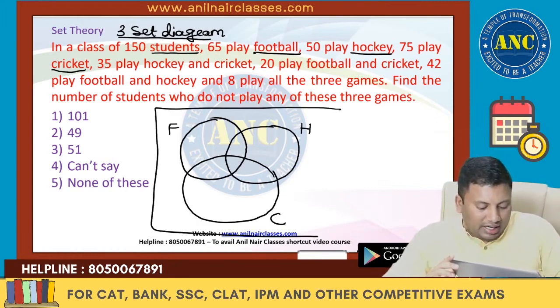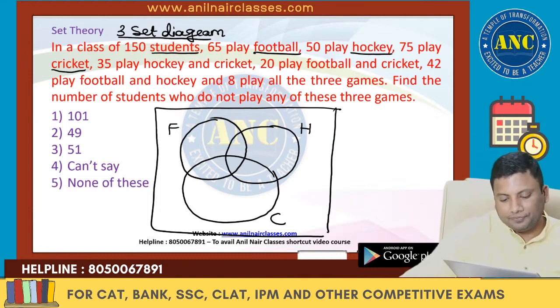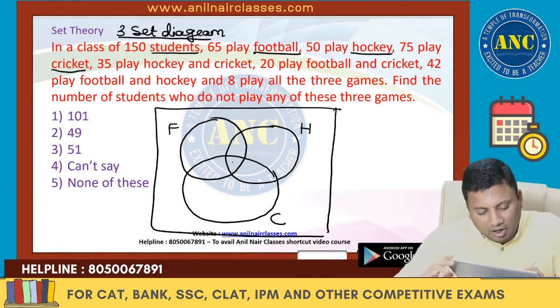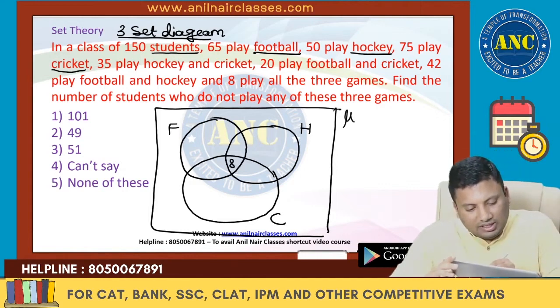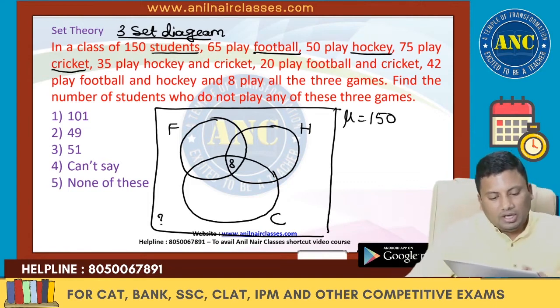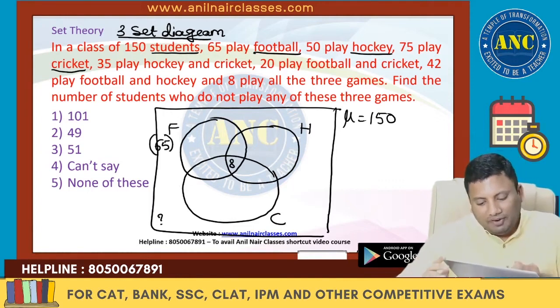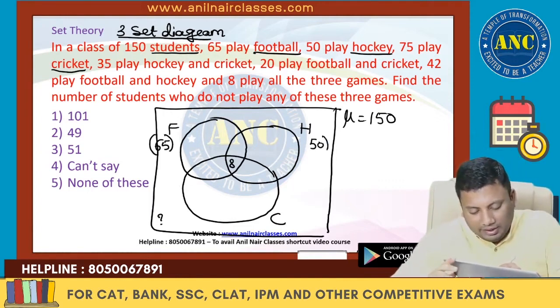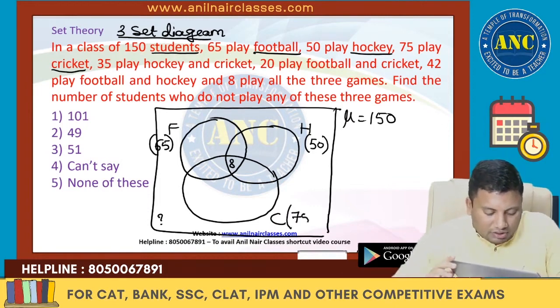Just by drawing the diagram, you will get the answer. 8 play all three games. The mu value is 150. This value we need to determine. 65 play football. 50 play hockey. 75 play cricket.